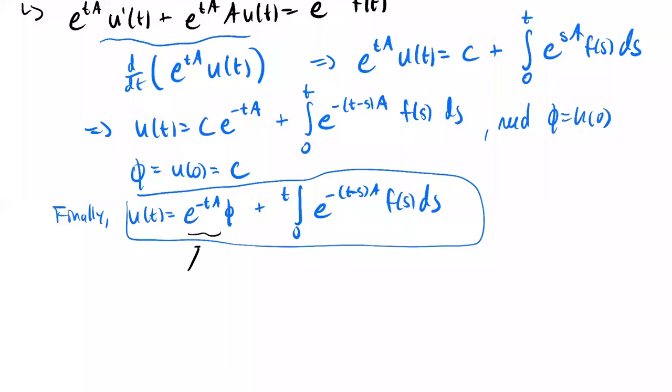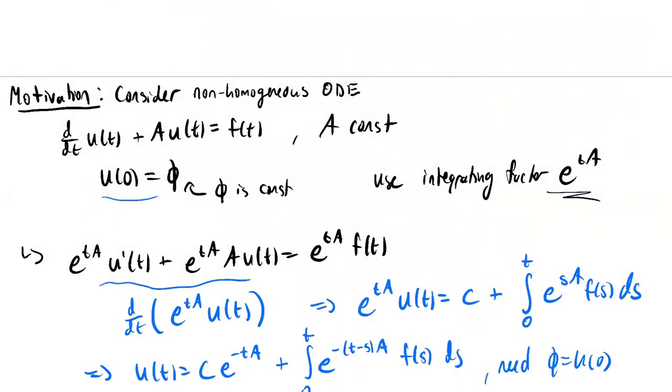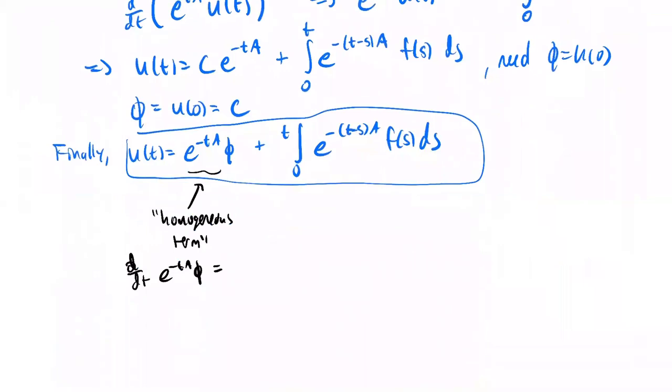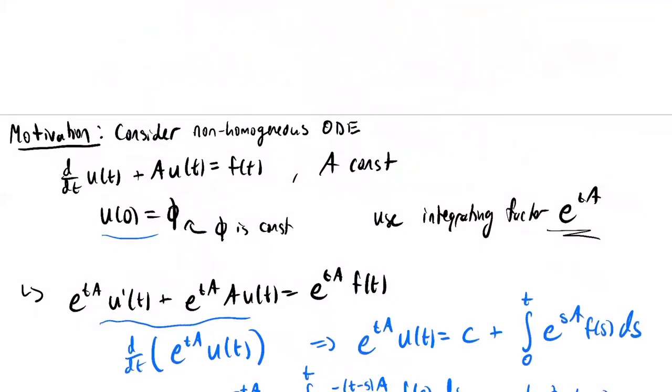So this term here is the homogeneous term, meaning it solves the homogeneous initial value problem, because if I look at the derivative with respect to t of e to the minus ta phi, this does solve the original ordinary differential equation with f replaced by 0, because I just get minus a times e to the minus ta phi, which is just negative a times the solution, which is what we have here if we set f equals 0, right?